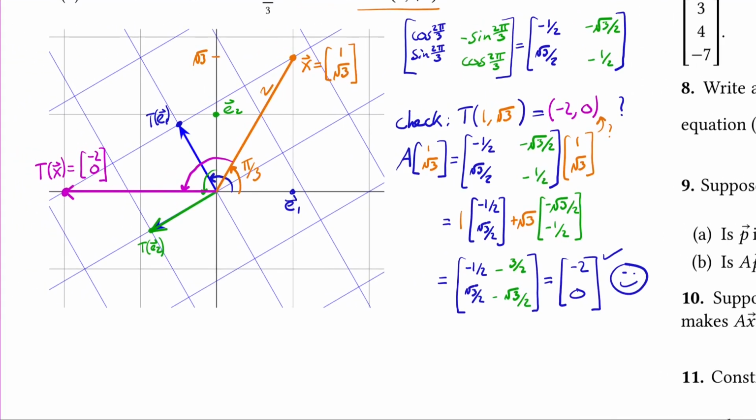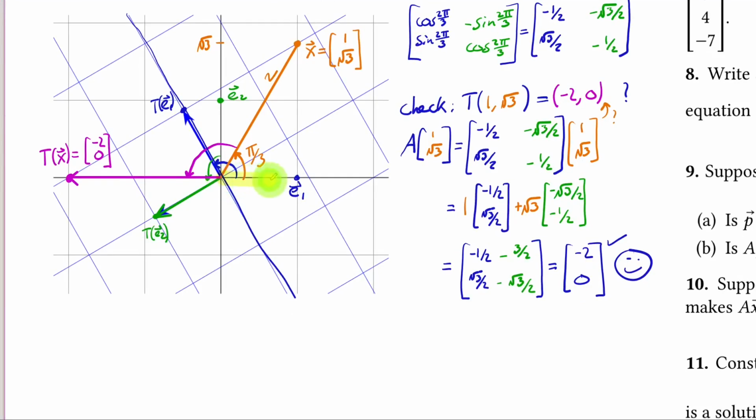Okay, so it looks like it works, but I also want to use this as an illustration of how linear transformations work, which is that there's a reason I drew this whole grid here. What I mean by that is this linear combination we just did, well, we started with an x1 component of 1, right? That's this 1 here. That gets multiplied by T of e1. So we did T of e1 times 1.